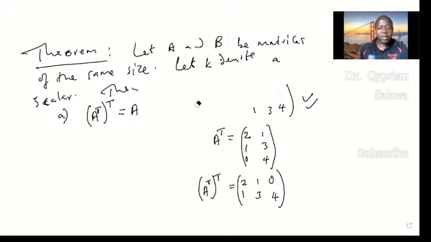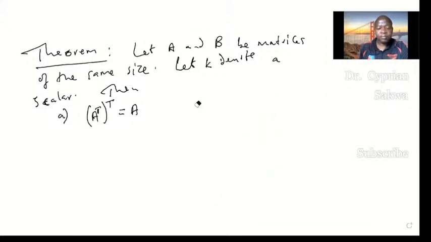So let's look at the other parts of this theorem. The transpose of KA will be the same as K times A transpose.